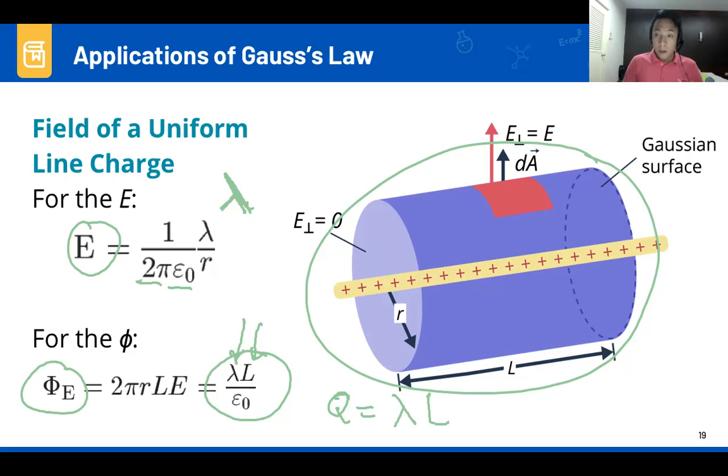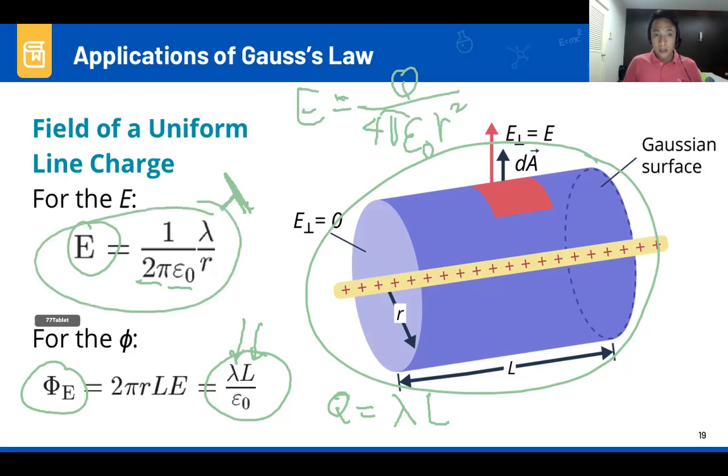Okay? For the sphere, again, we have E equals Q over 4 pi constant r squared. Correct? And here we have three.